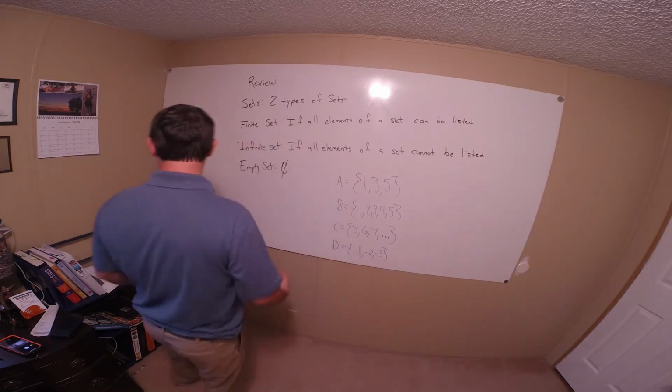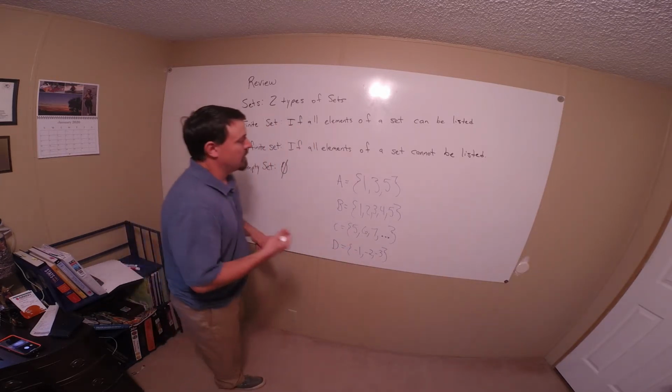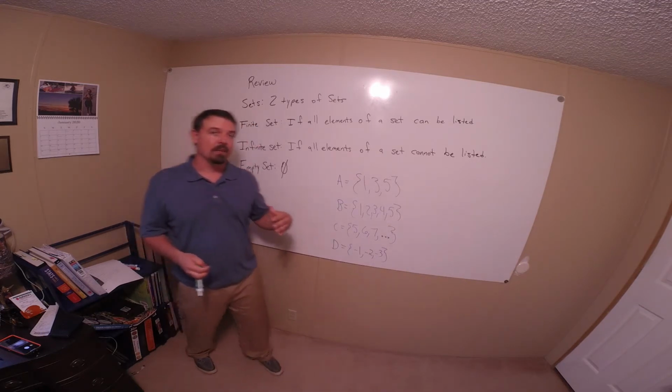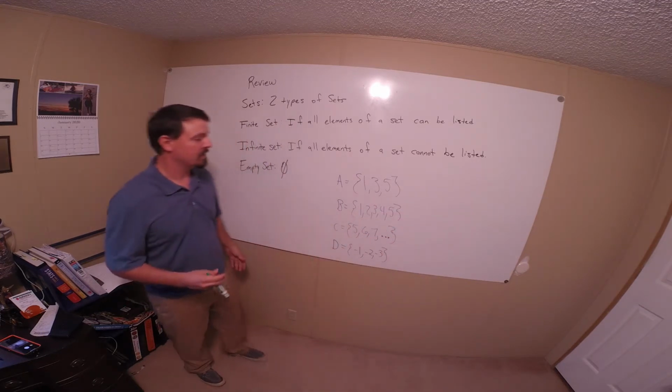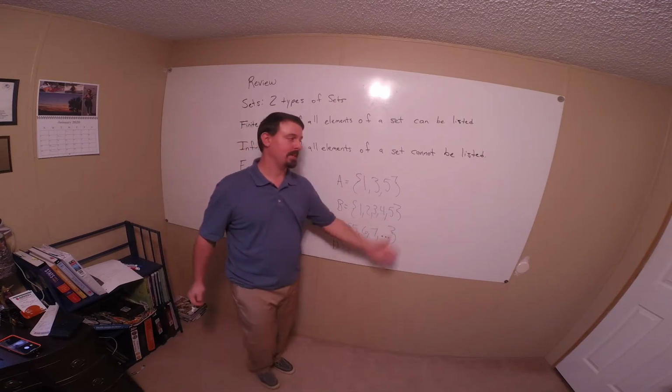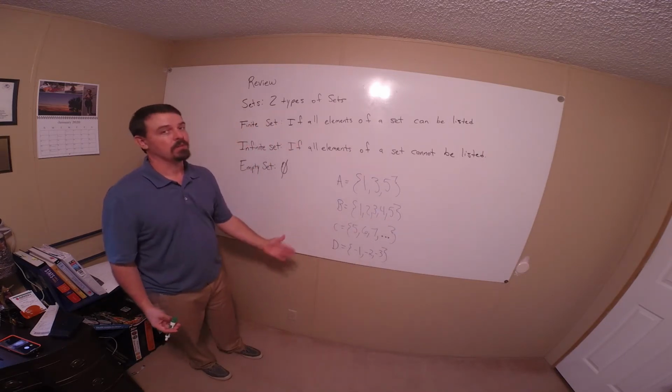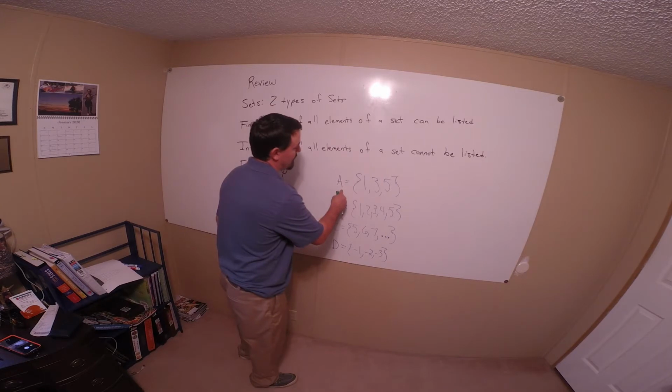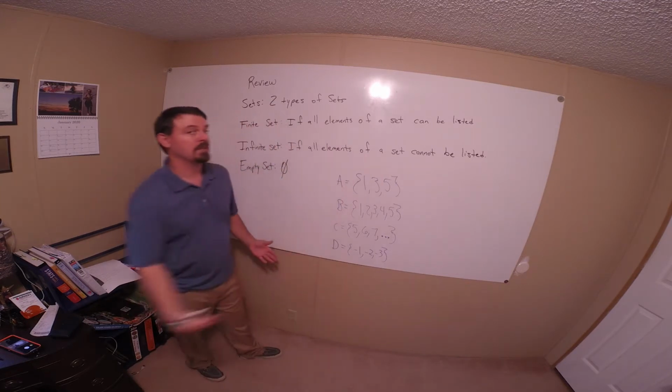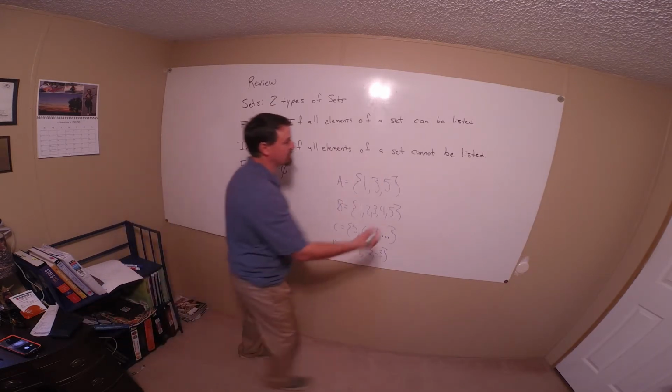Now, a few things we need to know. A set can be a subset of another set, a set can be equal to another set, or a set can be disjoint from another set. Set A is actually a subset of set B. Now, what makes it a subset?